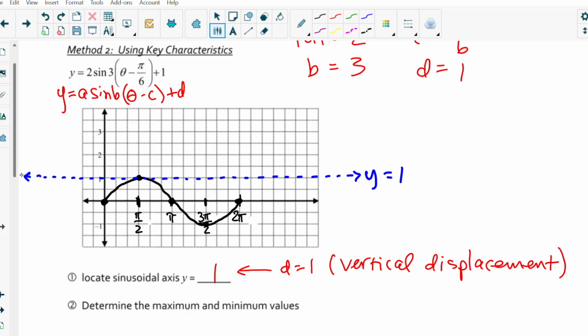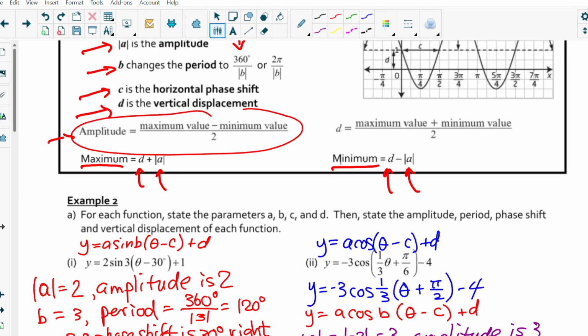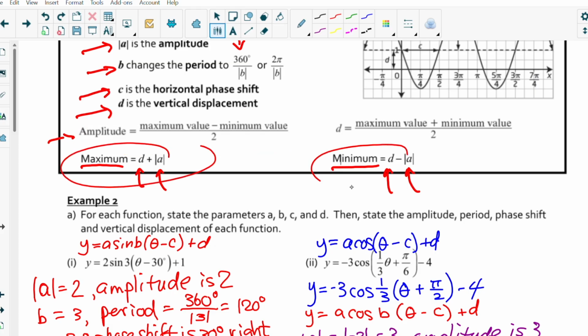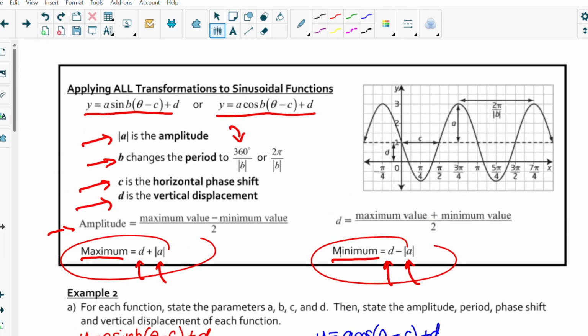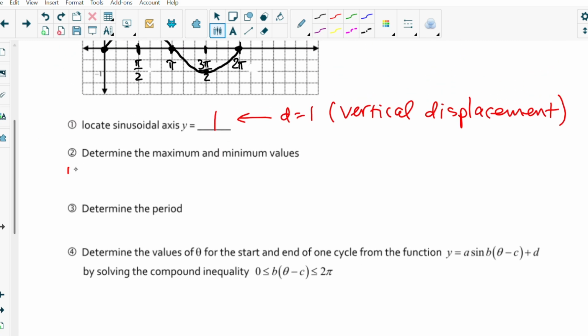Determine the max and min value. So let's use our formula from the previous page. Remember this part right here? Handy formulas to remember, max and min values. I have a maximum value of d plus the absolute value of a, and that's 1 plus the absolute value of 2, and that equals 3.